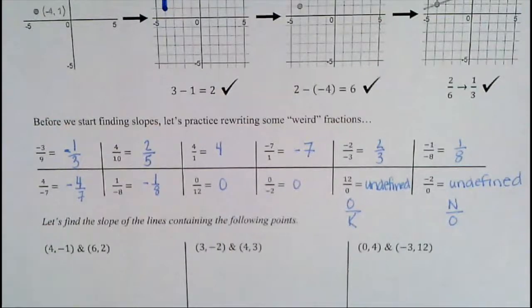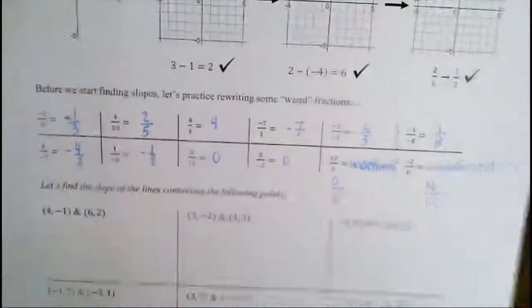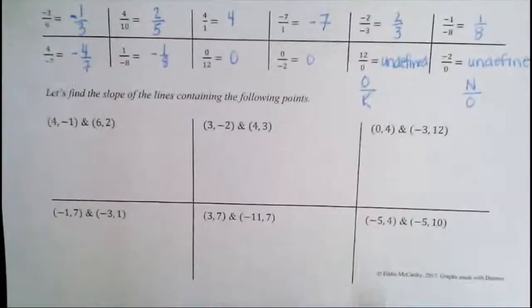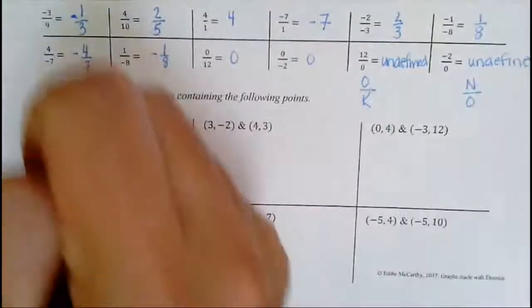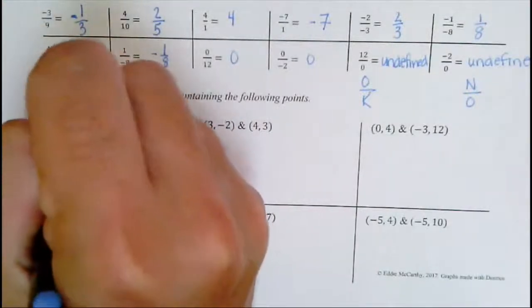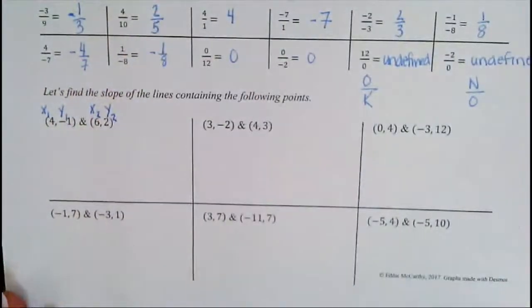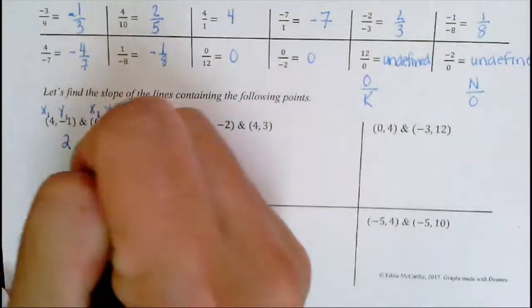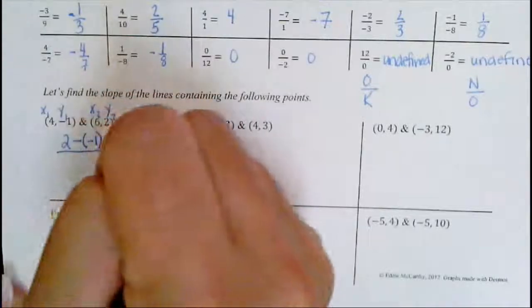So we're going to go ahead and do 2 problems from the bottom, and then the other 4 will be your practice. So let's do the first one. Again, we got x1, y1, x2, y2. We're going to plug it into that formula up top. y2 minus y1 over x2 minus x1.